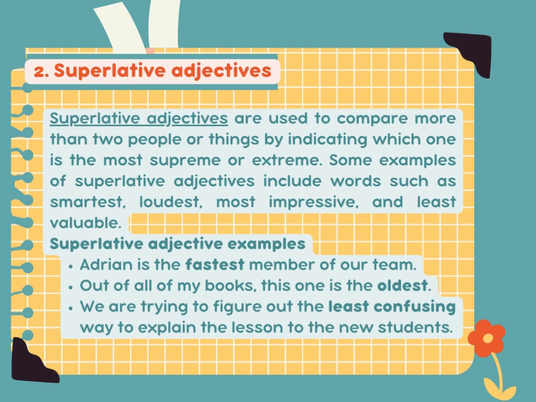Here are a few examples. Adrian is the fastest member of our team. Out of all of my books, this one is the oldest. We are trying to figure out the least confusing way to explain the lesson to the new students.